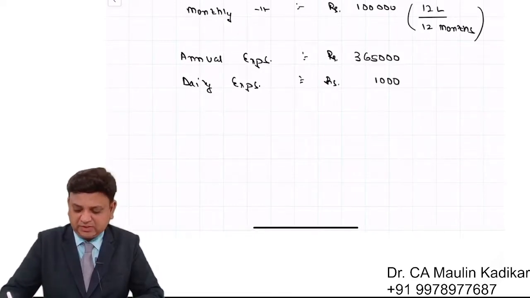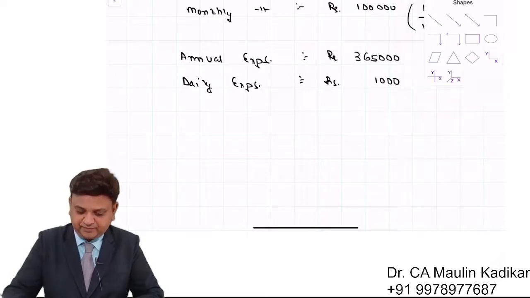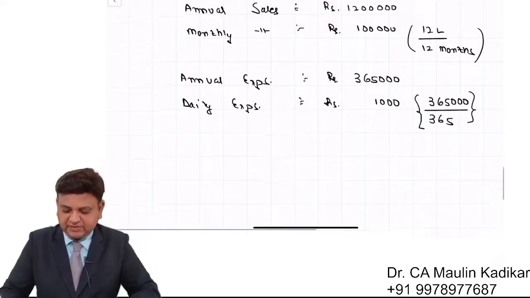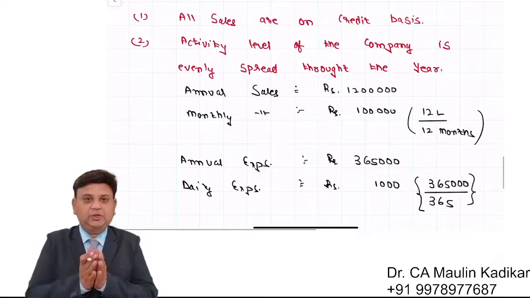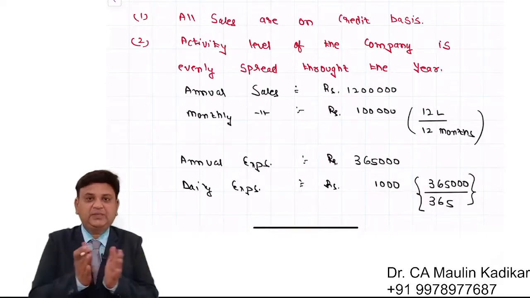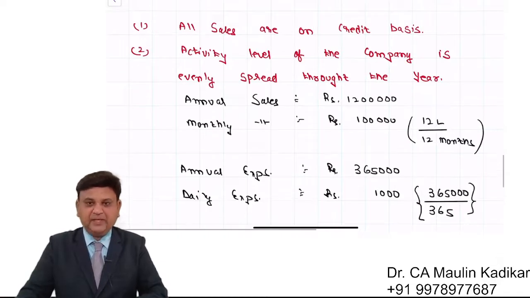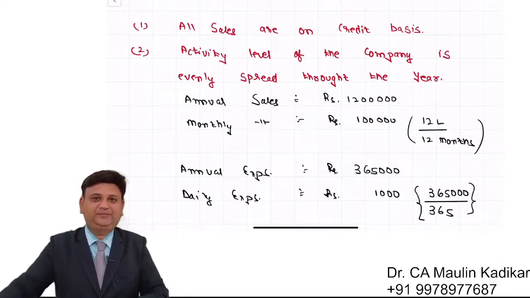How is it 1,000? It is 3,65,000 divided by 365 days. That is the kind of assumption made. So sales of the company and expenses of the company are evenly spread throughout the year.